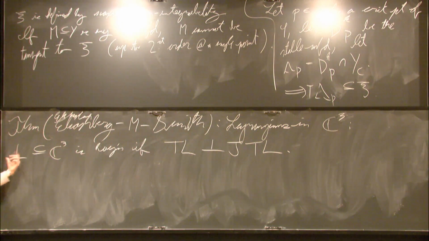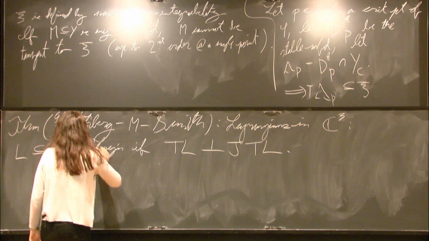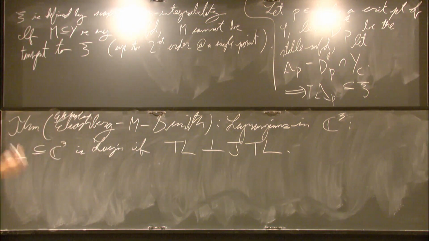So think of this as R^3 sitting inside of C^3 locally. And it's a big open question in symplectic geometry what things can be Lagrangians in here.